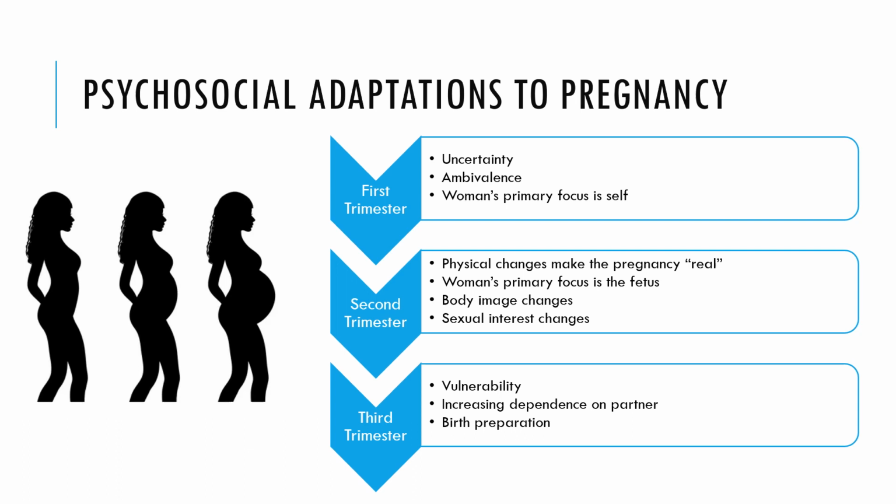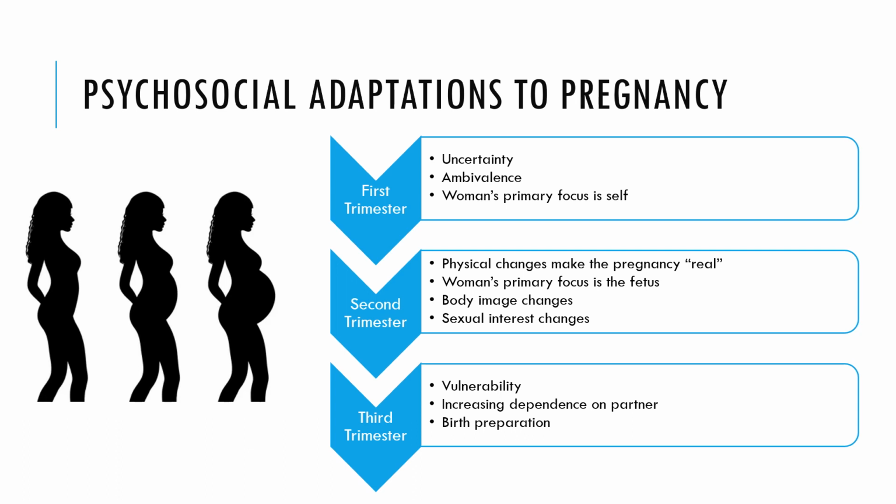So now we'll look at how the pregnancy has an effect on the woman's psychological response. So during that first trimester, the woman is usually unsure as to whether or not they're even pregnant, and they're taking means to kind of confirm that. So they have that period of uncertainty.